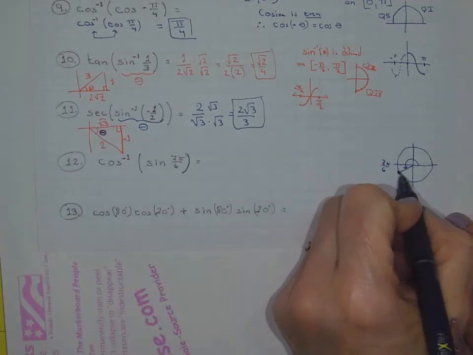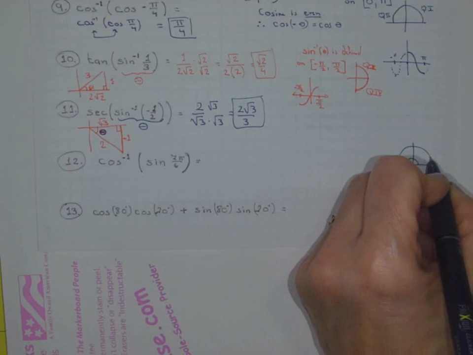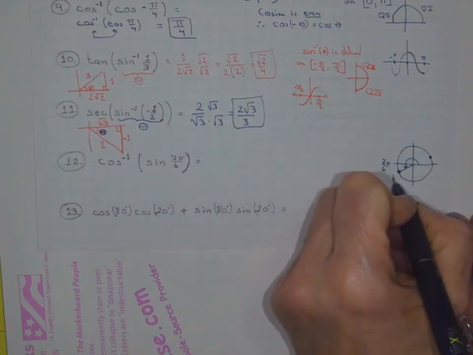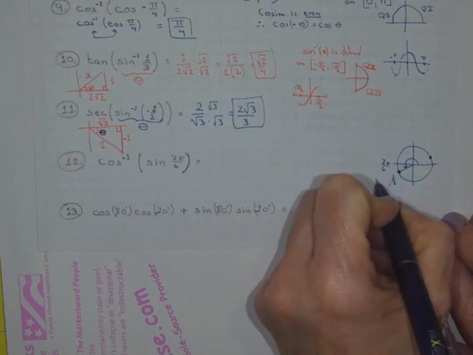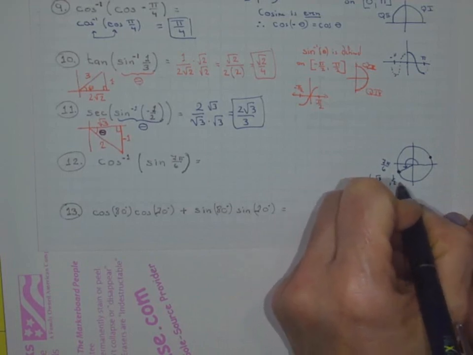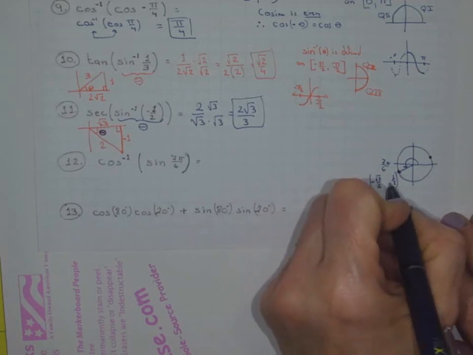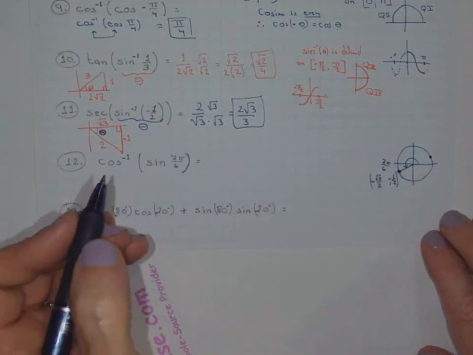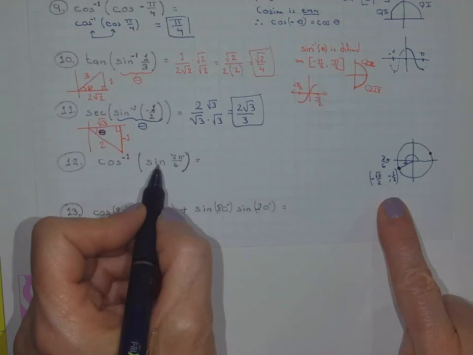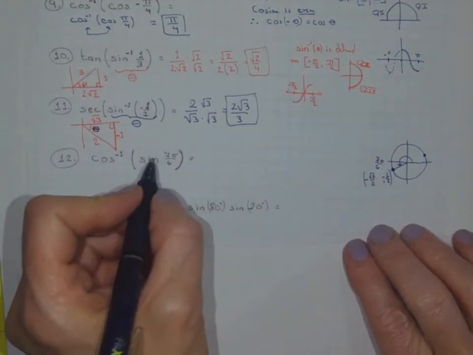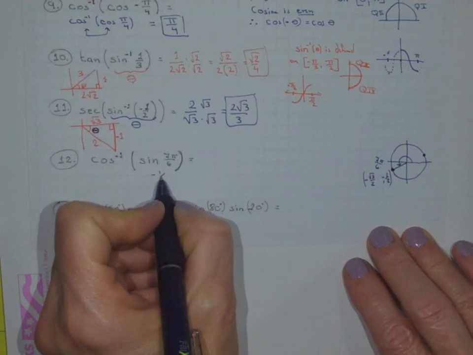And the ordered pairs here would be the symmetry of the one we have right there, right? So that would be 1/2 for the y, square root of 3 over 2 for the x, but we have to consider that we're in quadrant 3, therefore x and y are both negative. So this is what I have, and I want the sine of that. So the sine will be the y value, so this whole thing is going to go to -1/2, right?